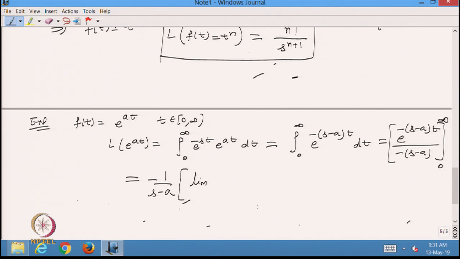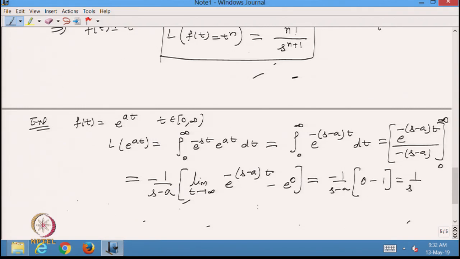So, it is the limit as t tends to infinity of e raised to power minus (s minus a) t, and then putting the value 0 here, minus e to the 0. Now, the same case will happen. I will choose that my s minus a is a positive value. In that case, this will be 1 over s minus a, and if s minus a is a positive value, then this will become 0. So, this will be 0 minus 1, and from here I can write it as 1 over s minus a.